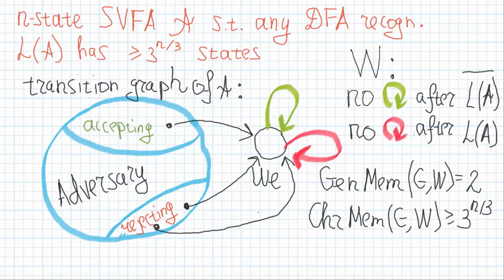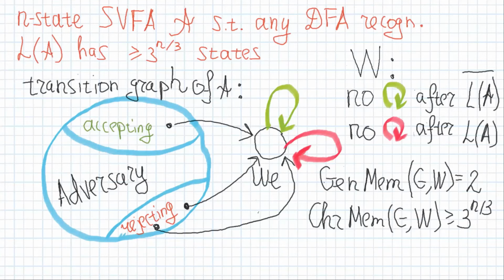To realize this, we just need to remember whether the last node was accepting. If it was, then we use the green edge, and otherwise we use the red edge. Okay, but that's general memory, because we don't only remember colors. We in fact don't care about the colors. We just care about the last node, whether it was accepting or not.